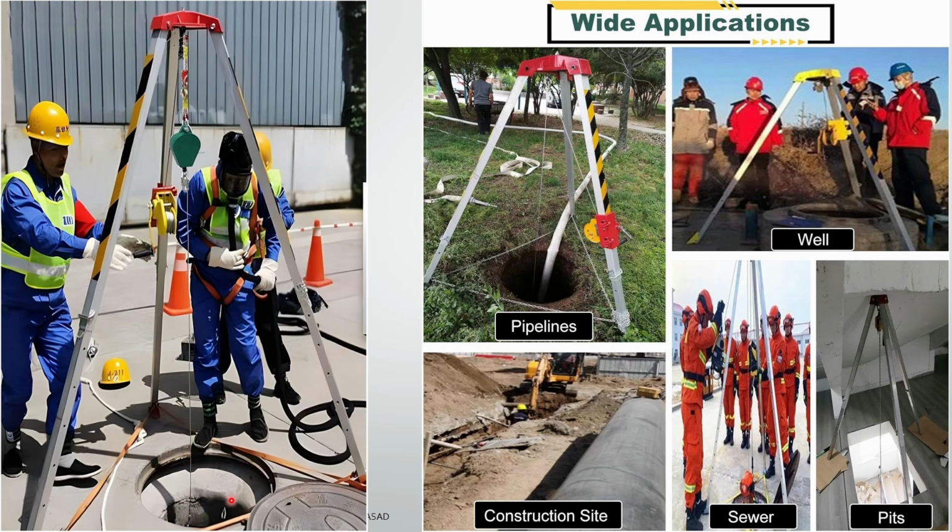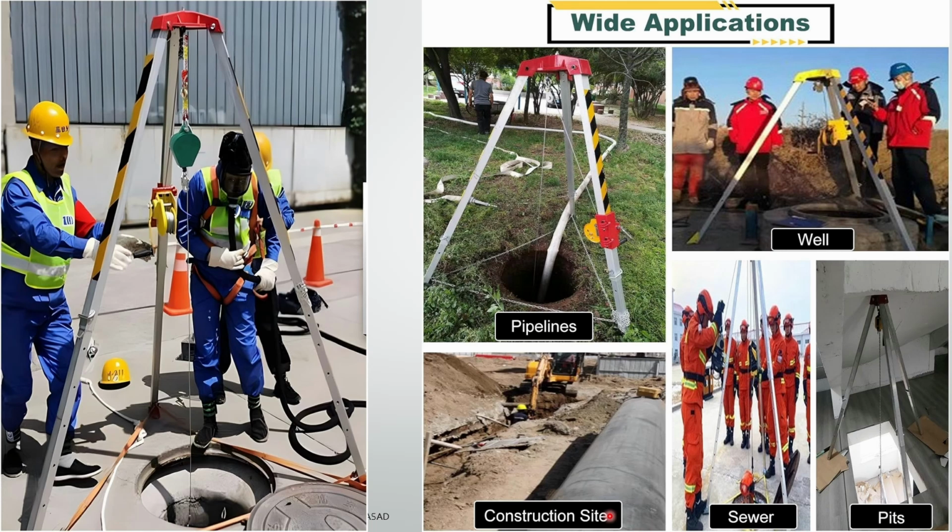Here, some sewage work is being done, and that is hanging with the help of this tripod derrick. In the case of the pipeline, these tripod derricks also help in doing those jobs.